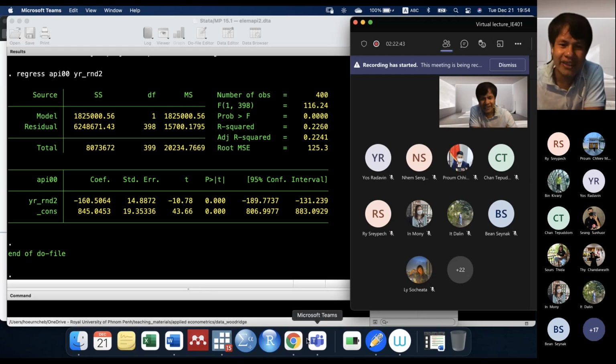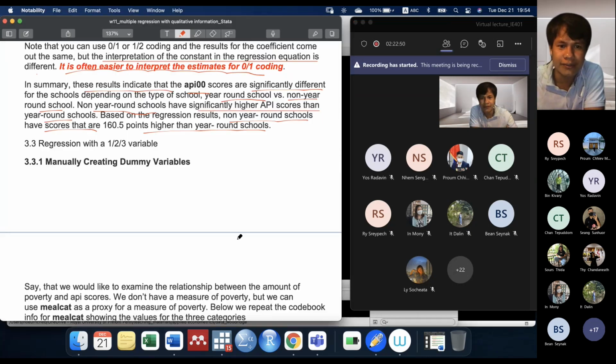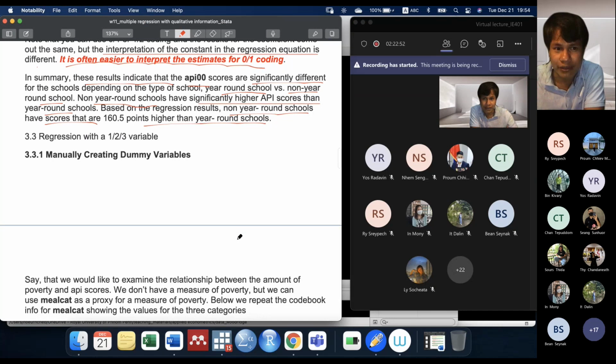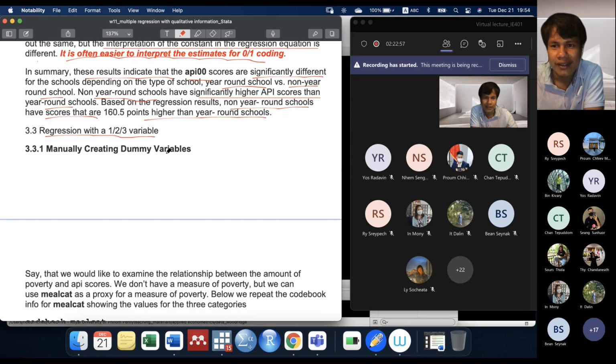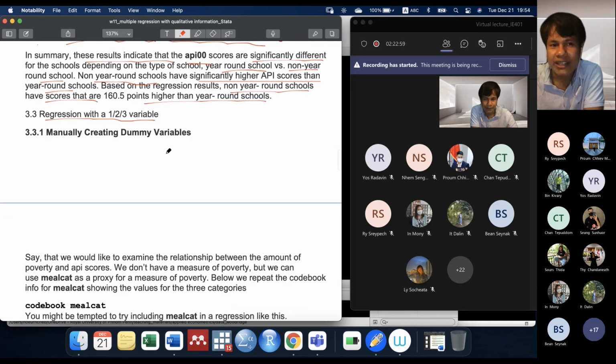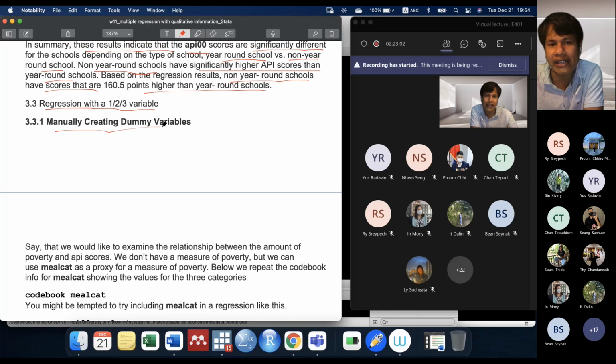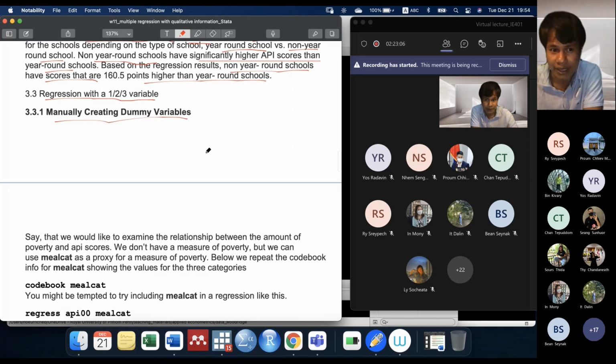All right, guys. Now let's move next to qualitative information in a predictor which has multiple categories. Now assuming in this example you have 3 categories. We start with manually creating dummy variables.